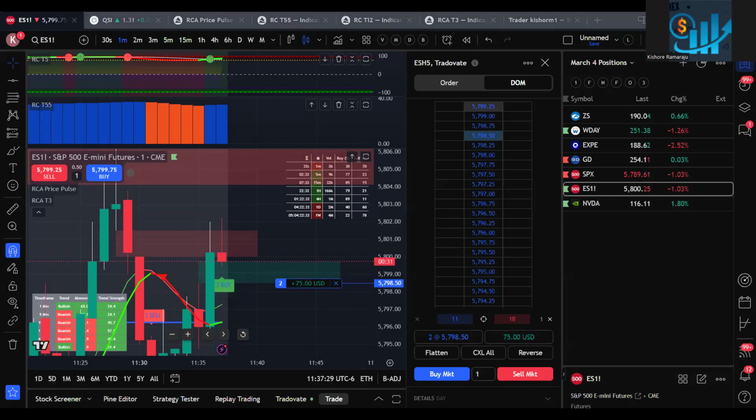SPX. So I entered the 5790 call at 16.8.